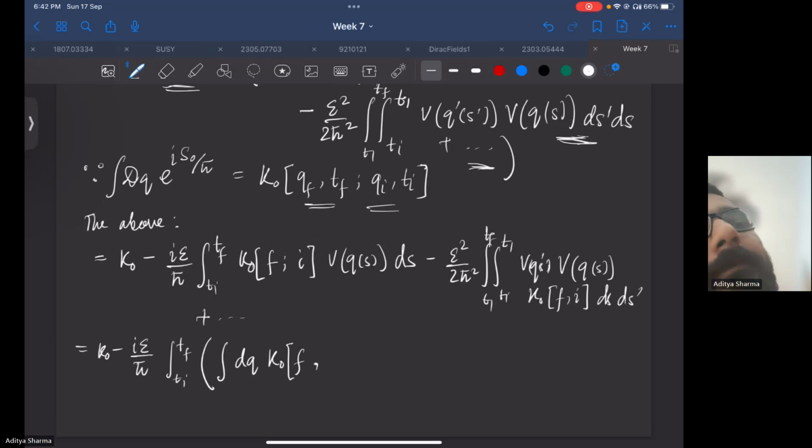Then QF is F, and then I'm writing Q. This is a very bad notation. Okay, let's move to the next one.